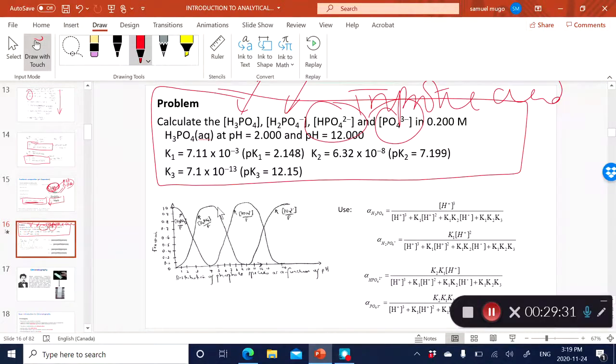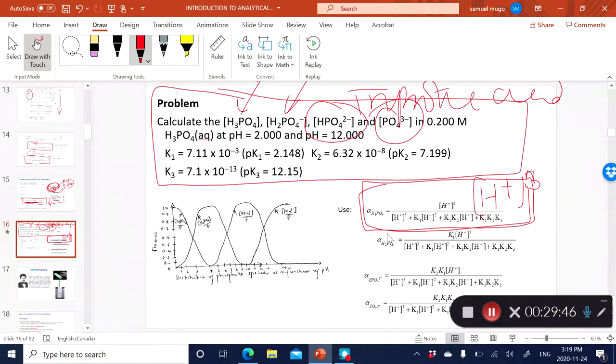All right. So the fractional composition, say, of the fully protonated species of phosphoric acid is equal to the H plus raised to power n. And the n, of course, in this case is 3. And that's what I have there.